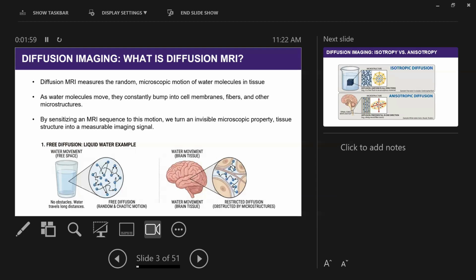Like you see in the example of this glass of water, because there is no restriction, the water molecules have free movement. However, this is not always the case because we are measuring different kinds of structures, like for instance the brain, where some structures limit the movement of the water molecules. That's the reason we can measure this invisible property, transform it into signal, and evaluate the water movement.